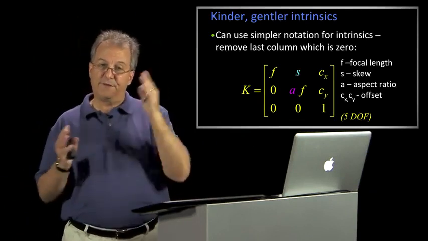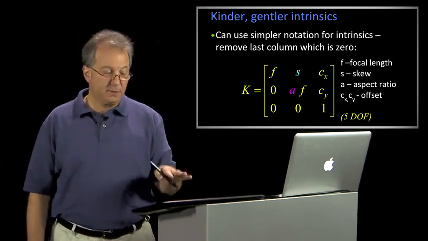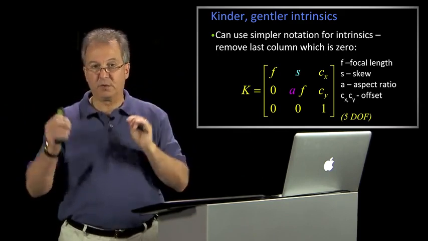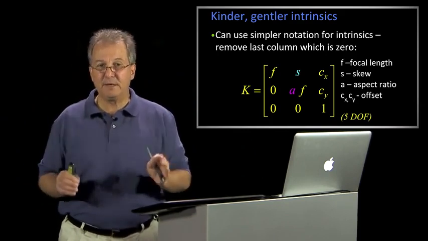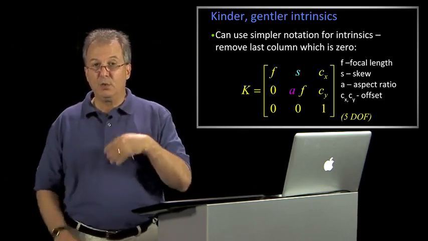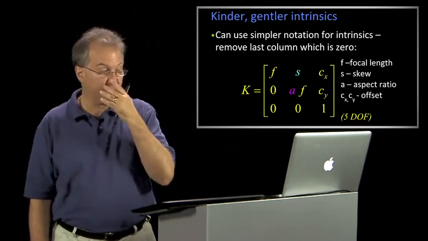Or what we can have is a focal length and a relative scale between the two. Normally we tend to think of it that way, as the overall focal length of the image, and then if there is a non-uniform relationship between the width and the height, we include that as an aspect ratio. And that's why there are 5 degrees of freedom.